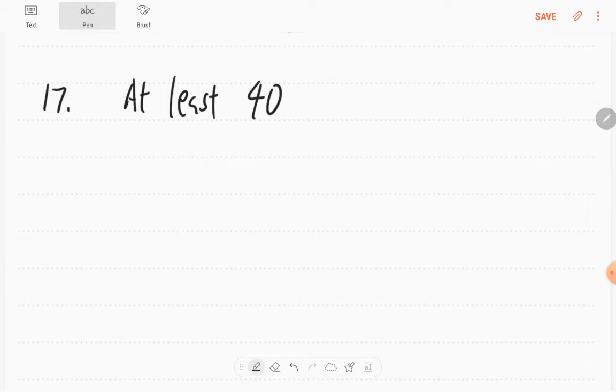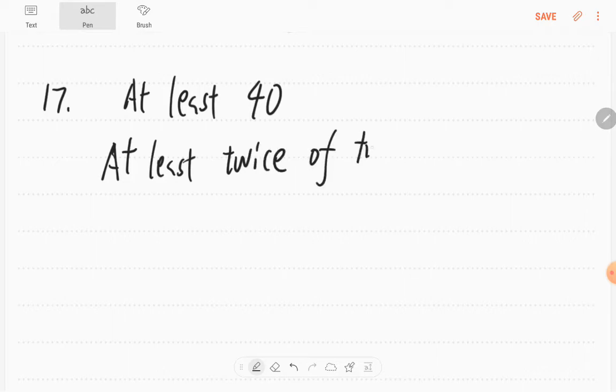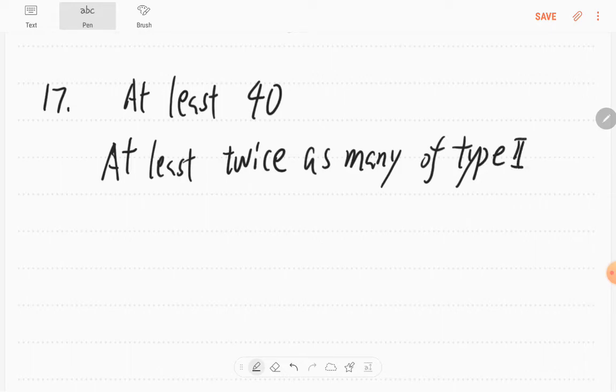So at least 40 calculators per week, you should underline some important words. It must sell at least twice as many of type 2 as type 1.